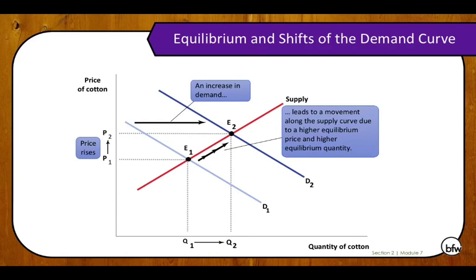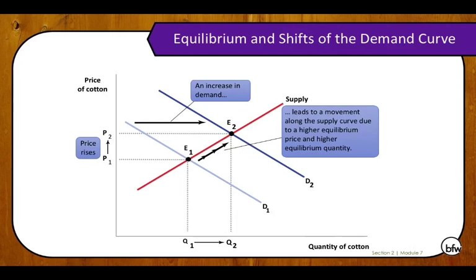But why is that? Well, notice the rightward shift of the demand curve. At the original price of P1, there is now a shortage of tickets. When there is a shortage, the price must rise to get rid of the shortage. The equilibrium quantity will move upward along the stationary supply curve to the intersection of supply and the new demand curve.